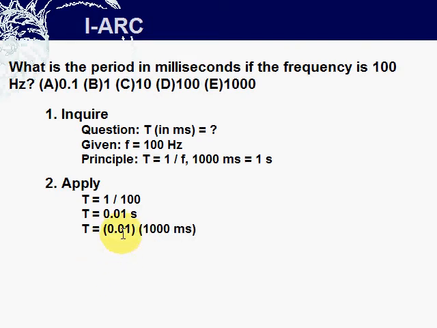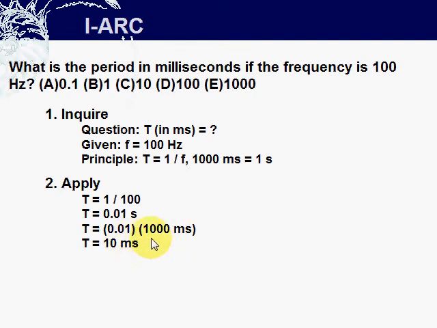Well, I need to relate that to milliseconds, and I remember that 1 second is 1,000 millis. The millis are small, they're tiny. Each milli is 1,000th. So a millisecond is 1,000th of a second, so I need like 1,000 of them to get 1 second. So I replace the 1 second here with 1,000 milliseconds. And here, if I want 1/100th of 1,000, the answer is 10.